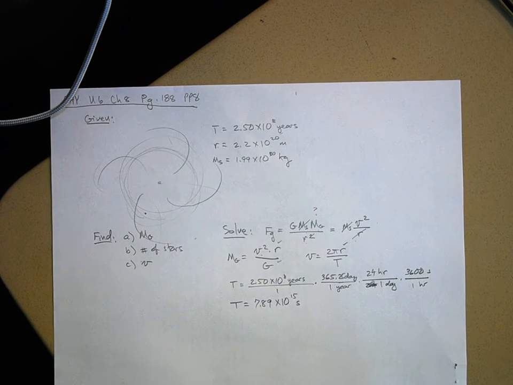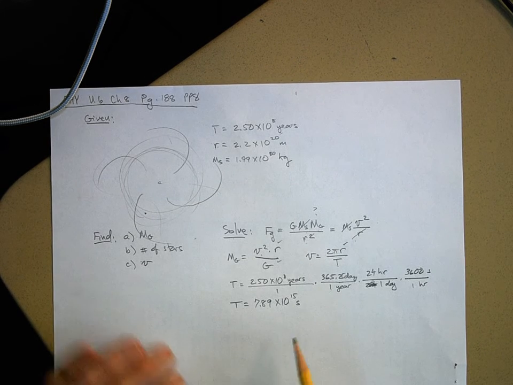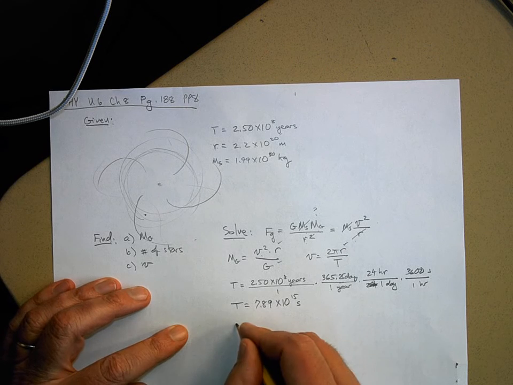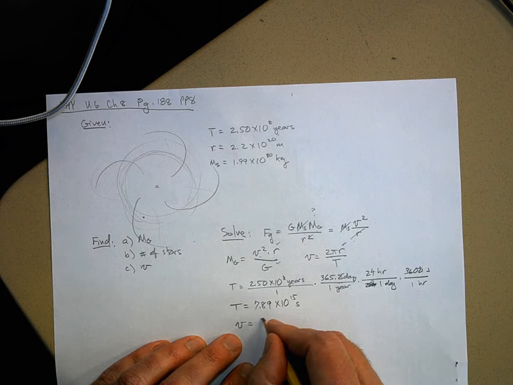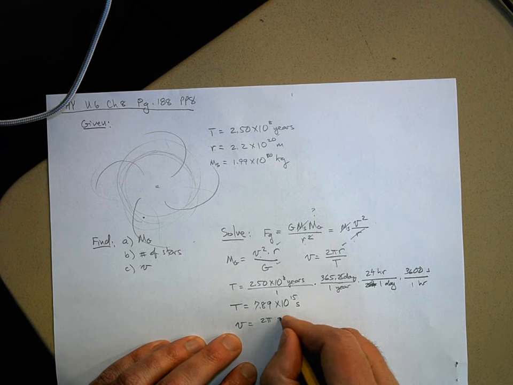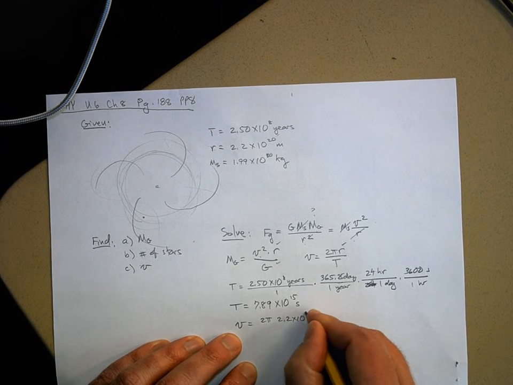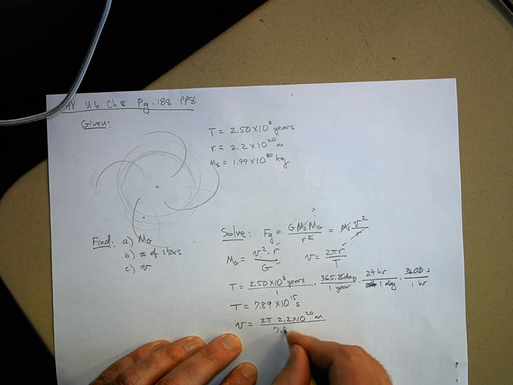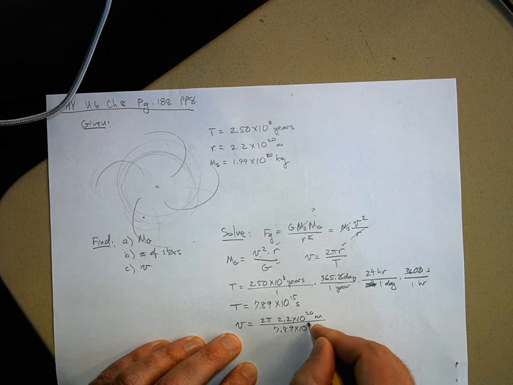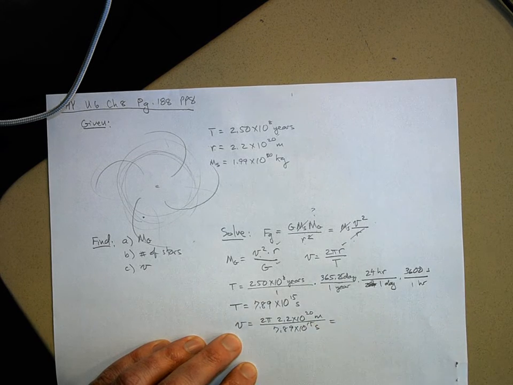So that's a quarter of a billion years in seconds. It's a lot. Now I can figure out what V is, which is actually my answer to part C. It's 2 pi times r, which is 2.2 times 10 to the 20 meters, divided by 7.89 times 10 to the 15 seconds.